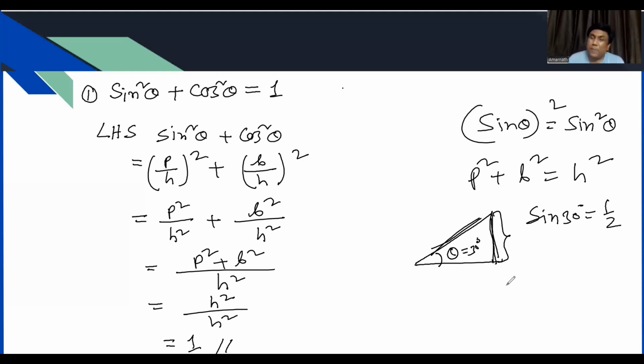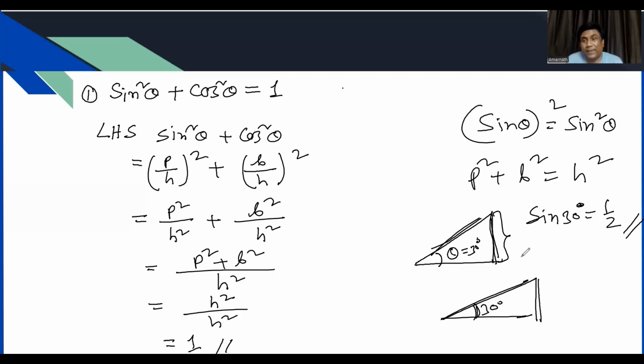It means you cannot make a right triangle whose one angle is 30 degree but the ratio of perpendicular to hypotenuse is not 1 by 2. You cannot make it. Sine 30 is always 1 by 2.